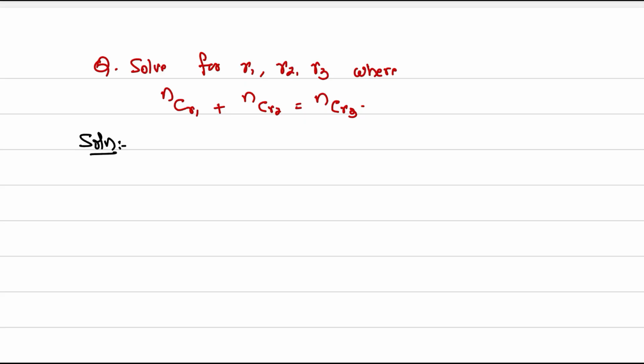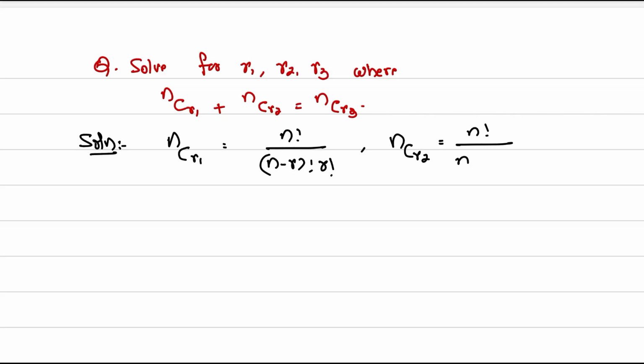What is nC_r1? Factorial n by factorial n minus r1 into factorial r1. nC_r2 is factorial n by factorial n minus r2 into factorial r2.